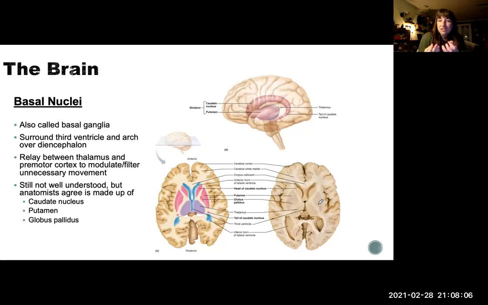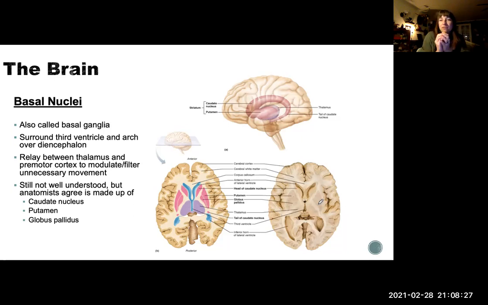But in the central nervous system, it's called a nucleus, okay? So these areas of gray matter inside of the cerebrum are nuclei. We call them nuclei, okay? That's basically just a word for a region where neuron cell bodies and dendrites and otherwise unmyelinated stuff is within the white matter, okay?